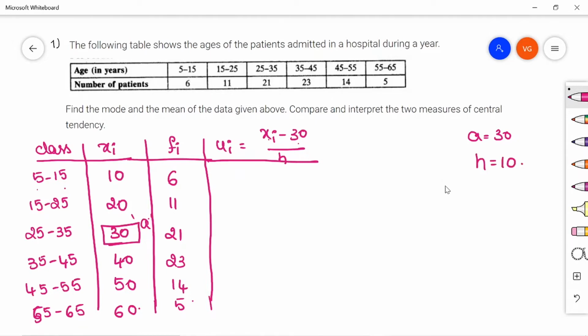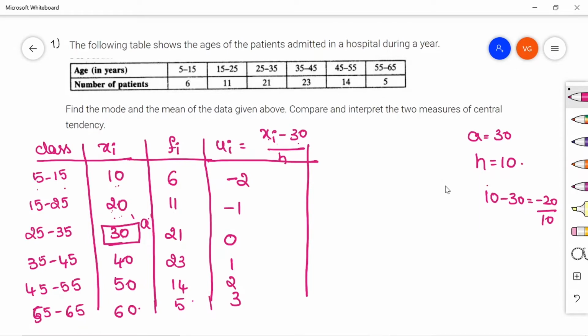Now xi minus 30: 10 minus 30 is minus 20, divided by 10 is minus 2. Substituting, 20 minus 30 is minus 10 divided by 10 is minus 1. 30 minus 30 is 0 divided by 10, 0. Similarly, if you solve, you get 1, 2, 3.